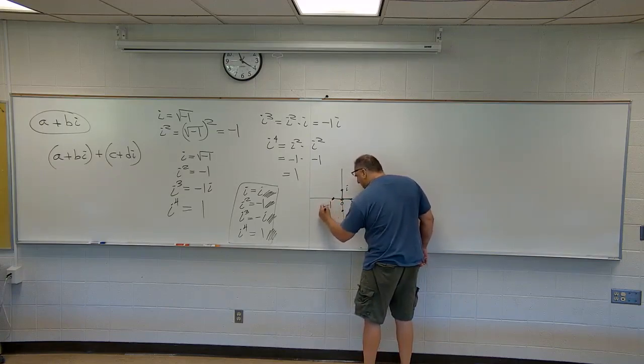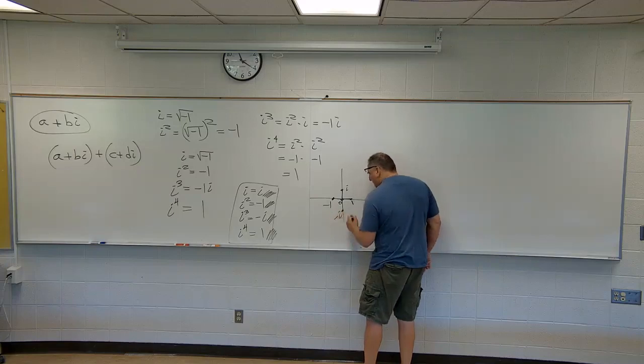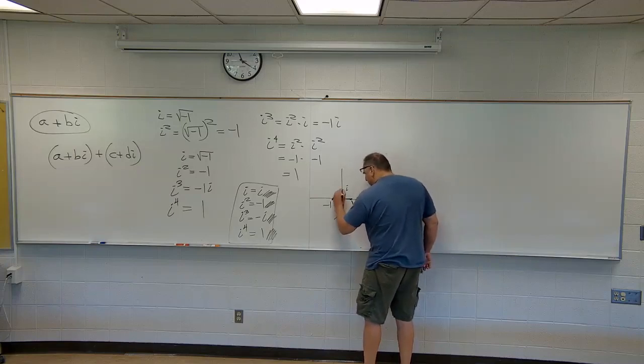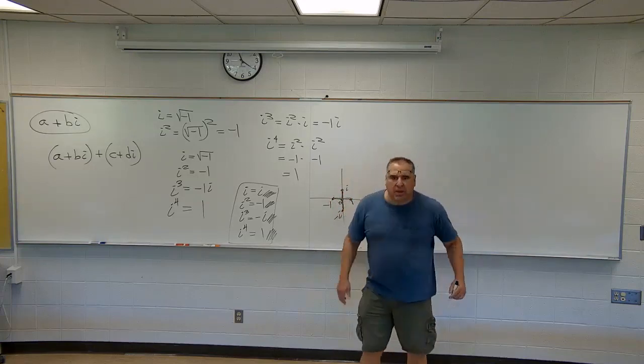This is -1 rather. And right down here, this is 0 to -I. I have not drawn this very well, but I do want to make a very important point. This arm length, this arm length, that arm length, and that arm length are all the same length.